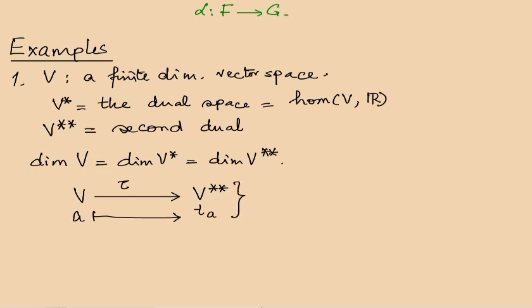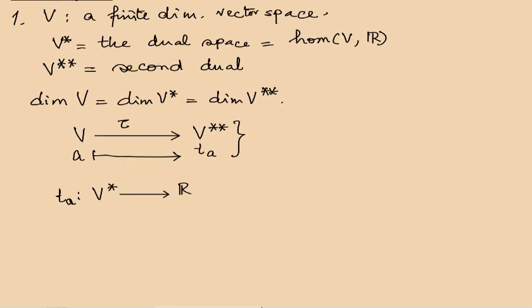So what is Ta? Ta is actually a functional on V star. So what does it do? It takes a linear functional and evaluates it at a. Right? This is it.